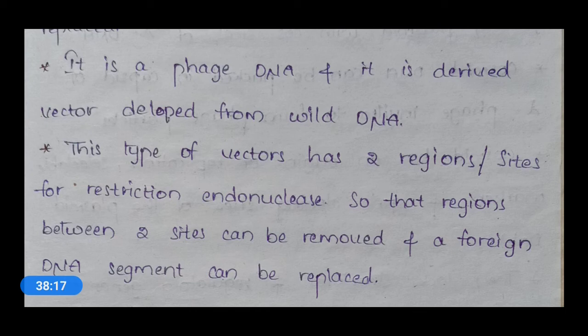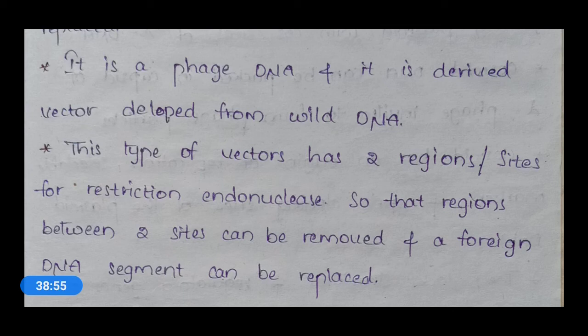This type of vector has two regions or sites for restriction endonucleases. Why? Because these are two sites for removing the fragment of the phage DNA, and also to replace it with the foreign DNA segment.